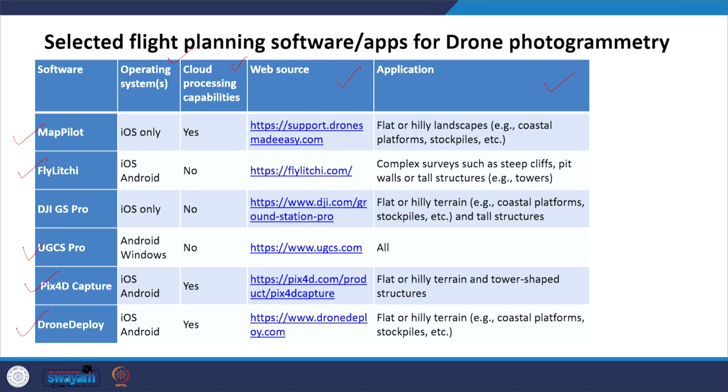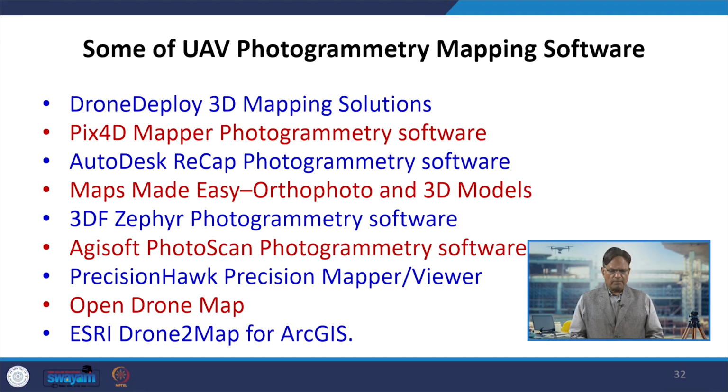In addition to flight planning, we can do a lot more from these software. Some UAV photogrammetric mapping software which we can use for various activities, I have shown in the flowchart. So, we have a very long list, but for guidance, here is a list of software.